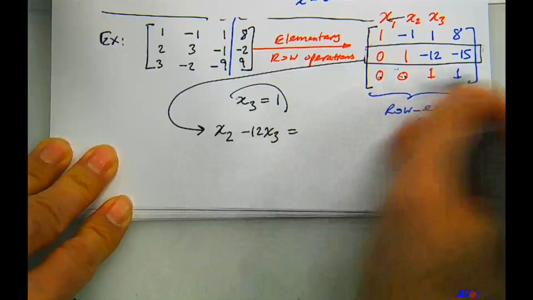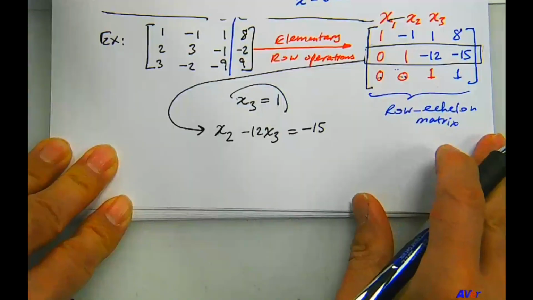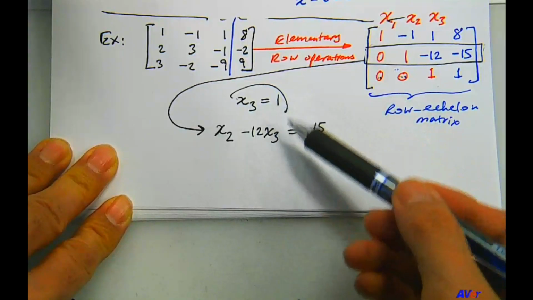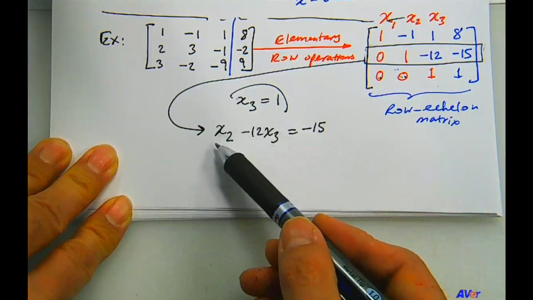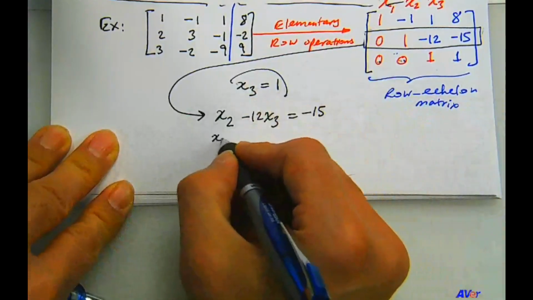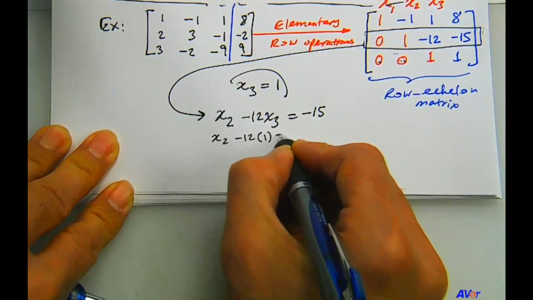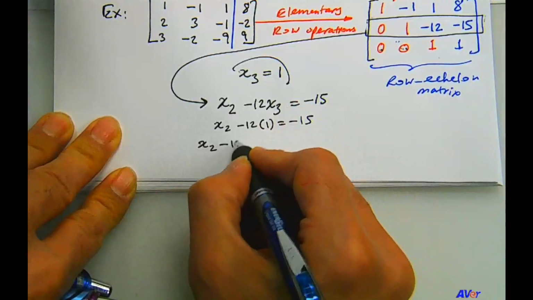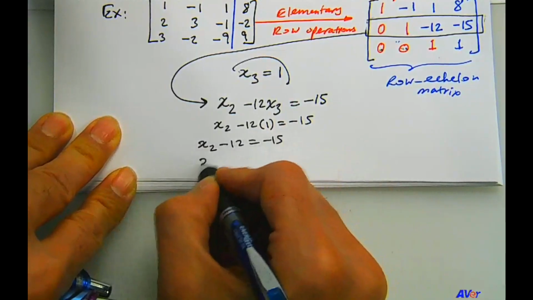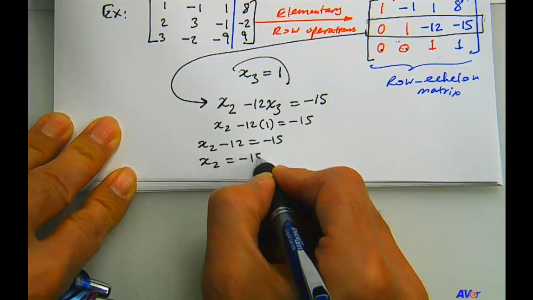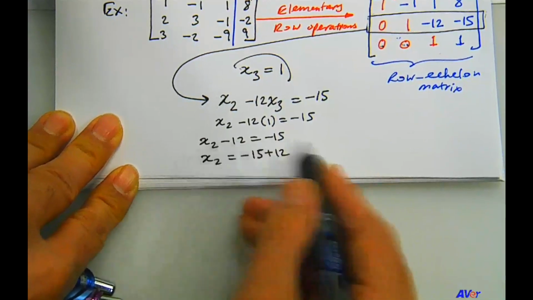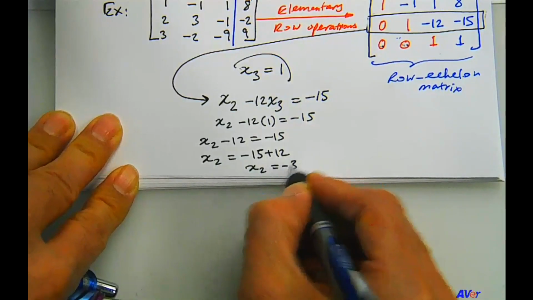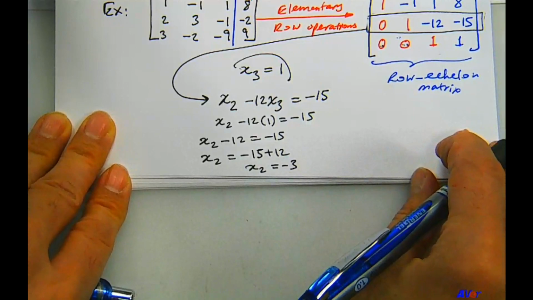Equals the far right, which is a constant, negative 15. Okay, we already know that x3 is 1. We can plug it in here and solve for x2. So x2 minus 12 times 1 equals minus 15. Then we have x2 minus 12 equals minus 15. x2 equals minus 15 plus 12, right? Move this to the other side, it becomes positive. So x2 is equal to minus 3.